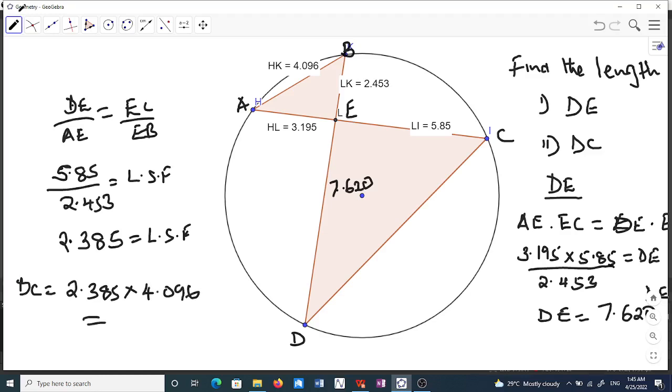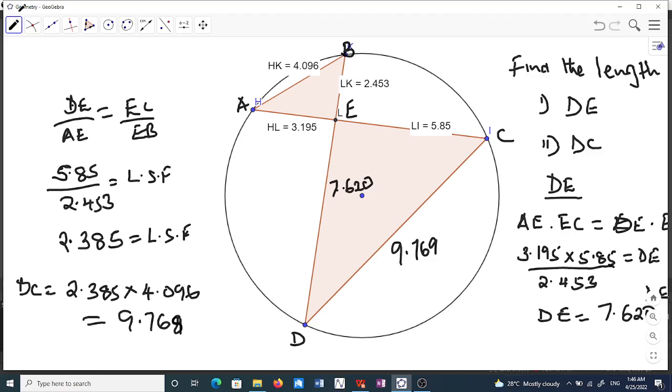This gives me approximately 9.769. Now what we did before is that we verified what we are getting, and then it became true. So that is how you can solve this type of problem.